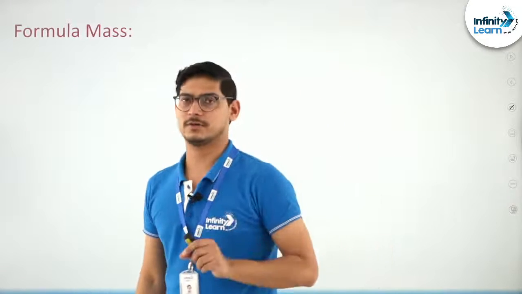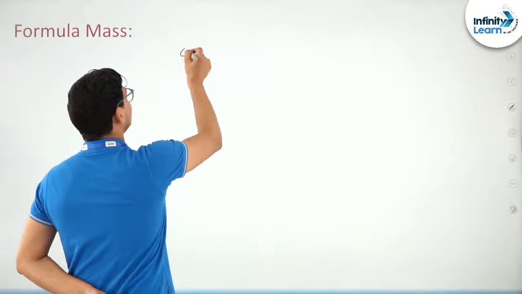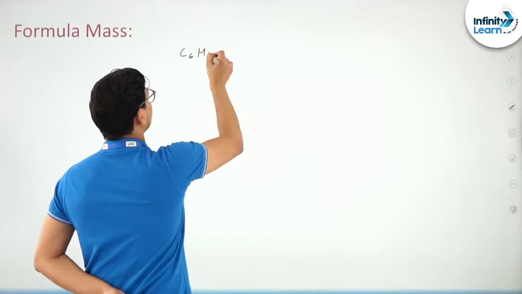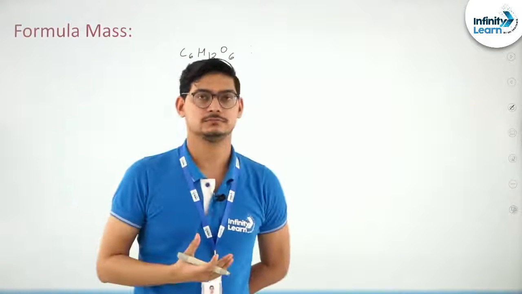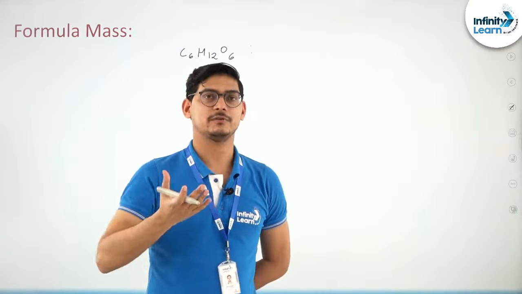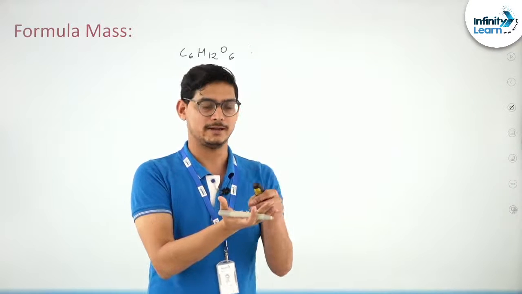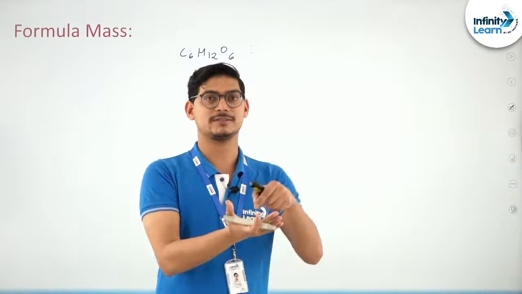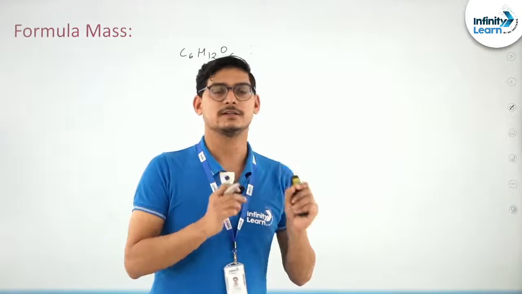So formula mass, how does this term come? If I ask you what is C6H12O6, what is this thing? You would say that it's glucose. No, actually it's not glucose. Glucose would be if I would have brought some glucose compound in my hand and I would have asked you what is this, then you would have said okay, it's glucose. What does this term represent?